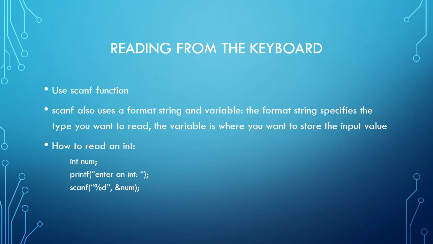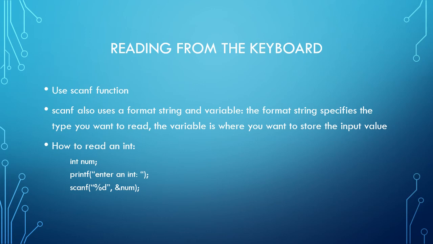Okay, how do we read from the keyboard? In C, we're going to use the scanf function. Scanf automatically goes to the keyboard and waits for you to enter a value. Scanf also uses a format string, which has to contain a placeholder for the type of variable that you want to read.